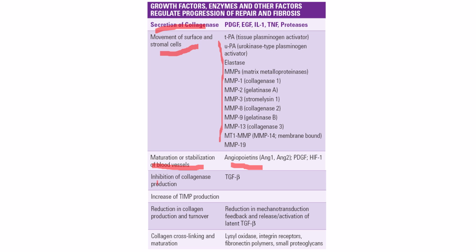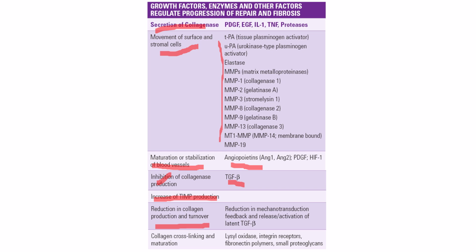Then there is inhibition of the collagenase production, that is by transforming growth factor beta. There will be increased tissue inhibitor of metalloproteinases production, and they balance the activity of matrix metalloproteinases to prevent excess matrix degradation. Then there is a process of reduction in collagen production and turnover.